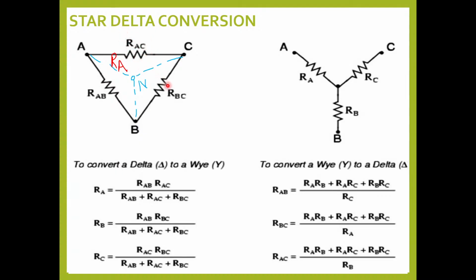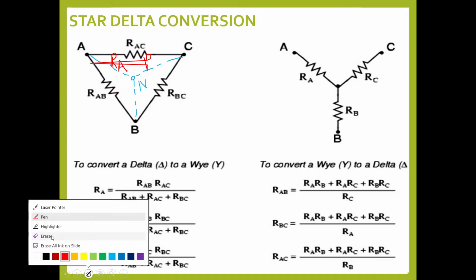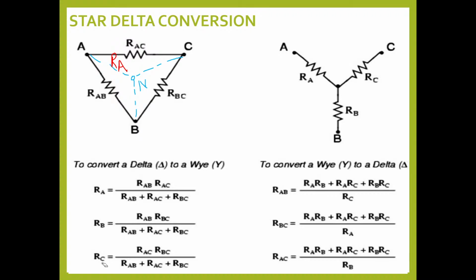This is RAC. This is RBC. So what is common between these two resistors? C is common. So I can write RC here.